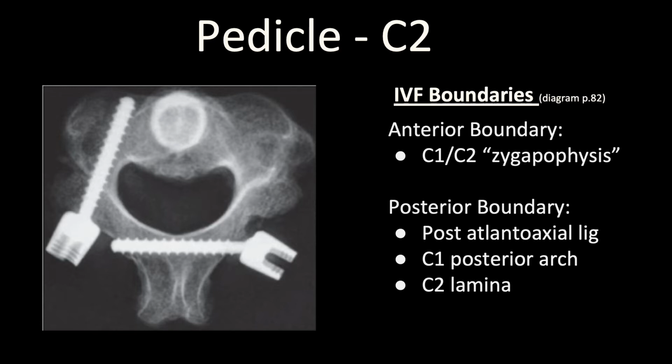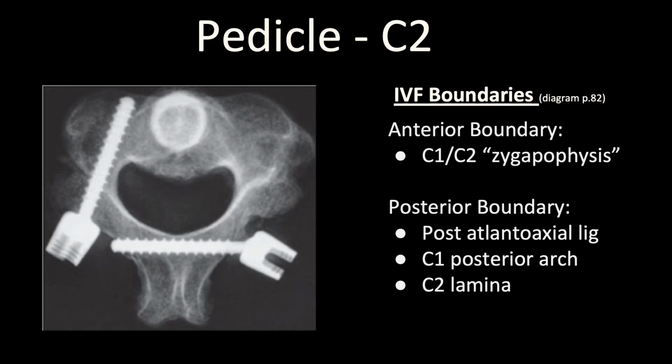So for those two upper cervical regions, I have zygapophysis in quotes because no one else would technically call this a zygapophysis, but for your case in this class, this is what it's called.